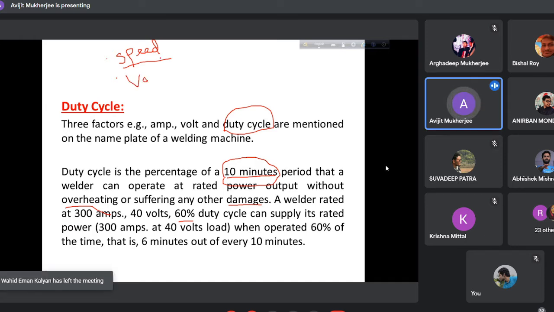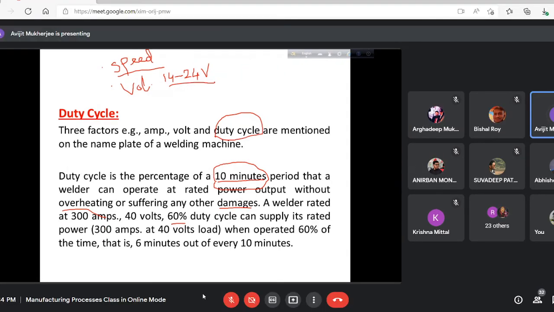This is approximately 14 to 24 volt for bare wire or lightly coated electrode.